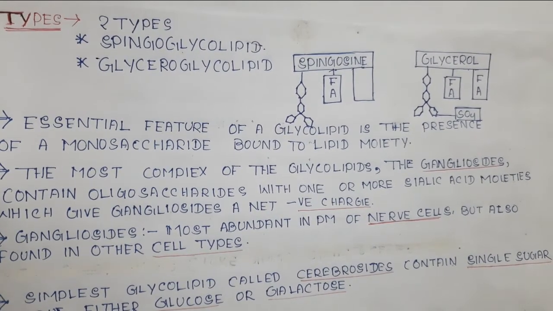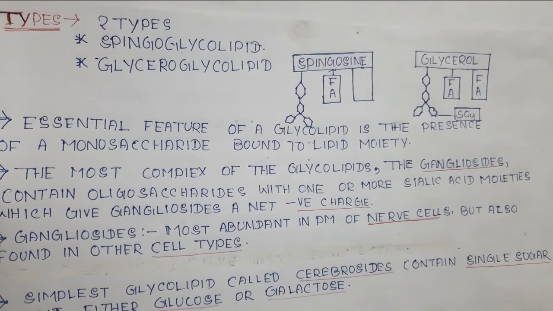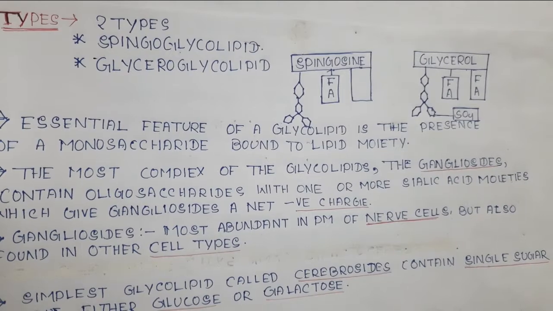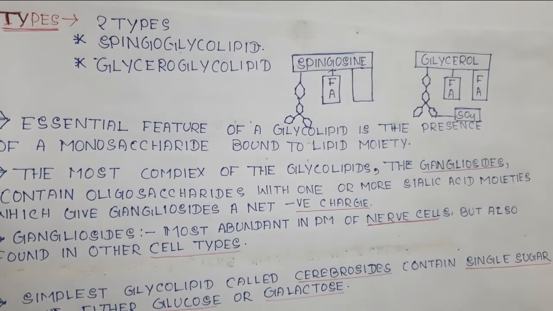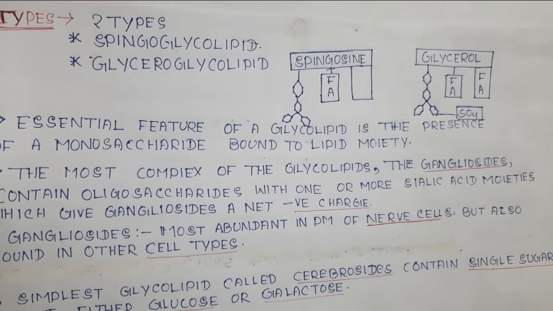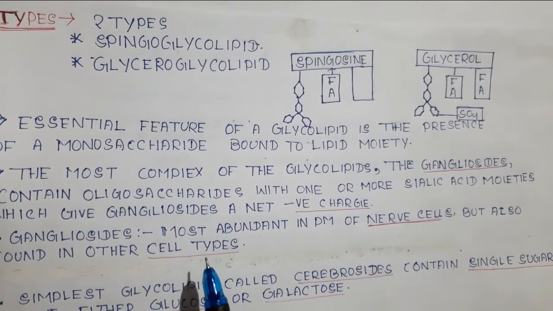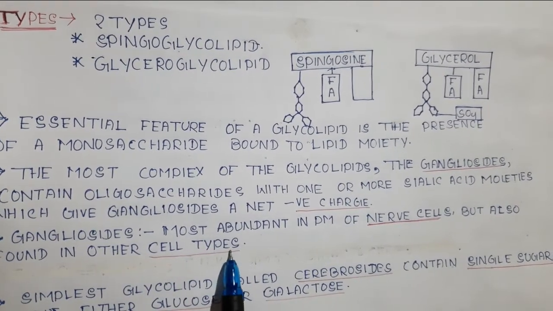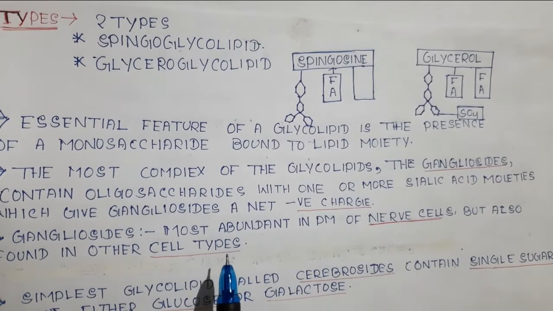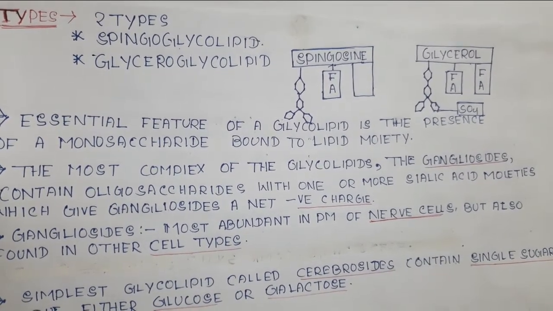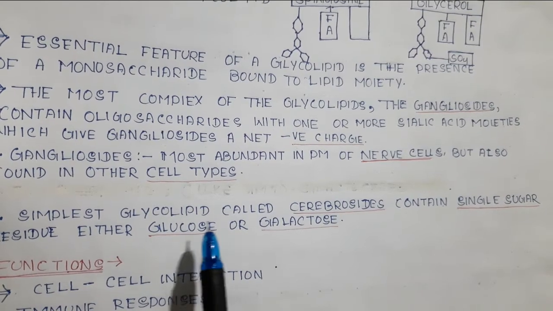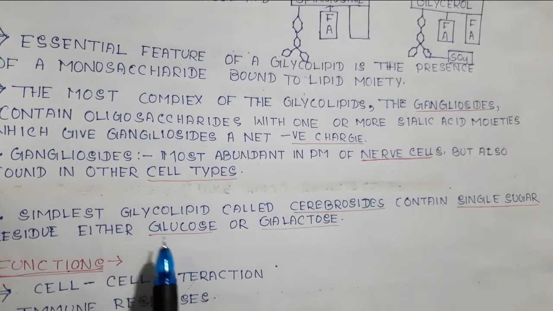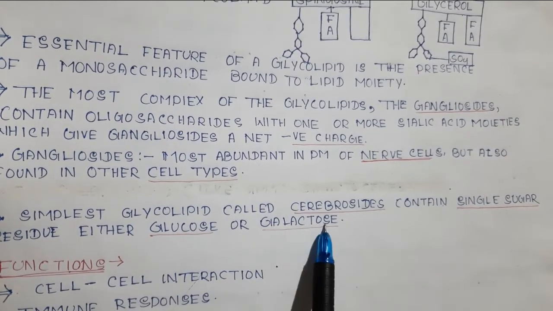Gangliosides are most abundant in the plasma membrane of nerve cells, but are also found in other cell types, like enterocytes. The simplest glycolipid, called cerebroside, contains a single sugar residue, either glucose or galactose.